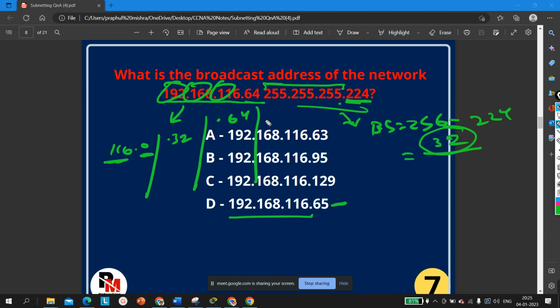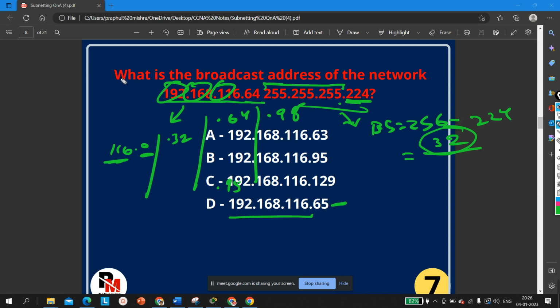Next will be 64 plus 32, 96. Sorry, here we will get 96. So this network will end on dot 95.